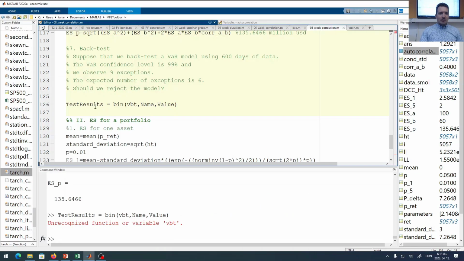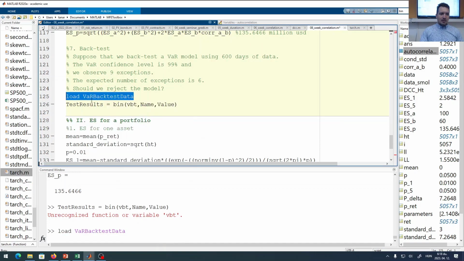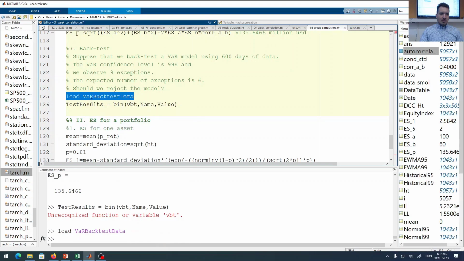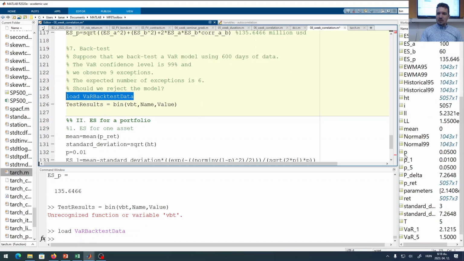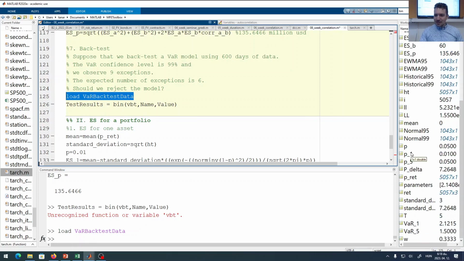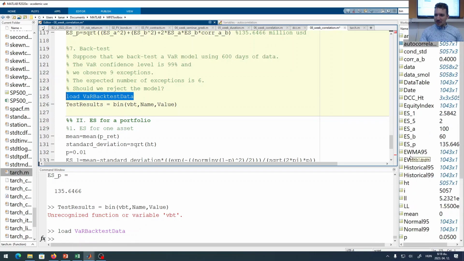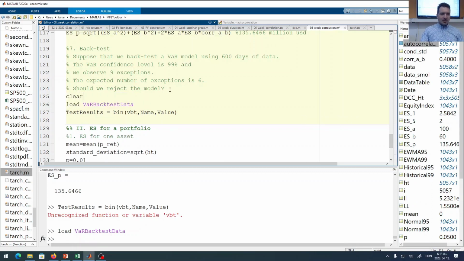Okay, let's see how it looks. It contains a lot of things, and now it's completely mixed with mine. So let's clear this up and see again.